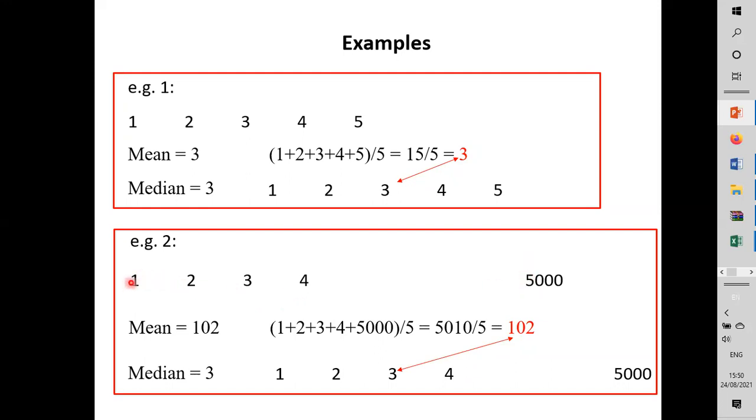Chop one this side, chop one this side. Next, chop this, chop this. Where are you? 3. Just now, the mean and median were the same. Now the mean is very much bigger compared to the median. So when the mean is far from the median, the data is not symmetrical.